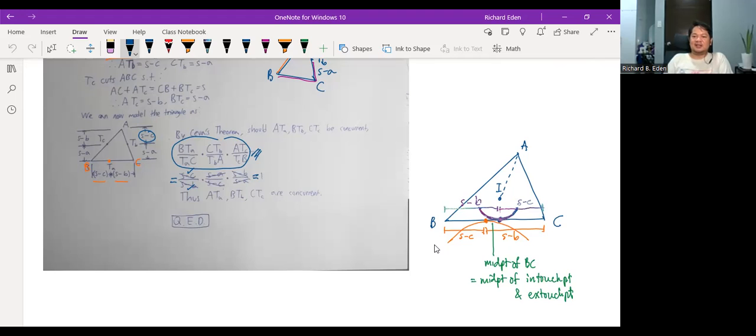This is what we used: S minus C, and this is also S minus C, from the vertex to the nearest touch point.